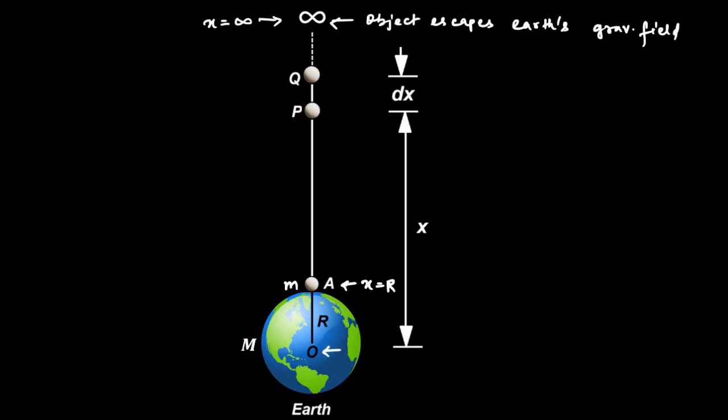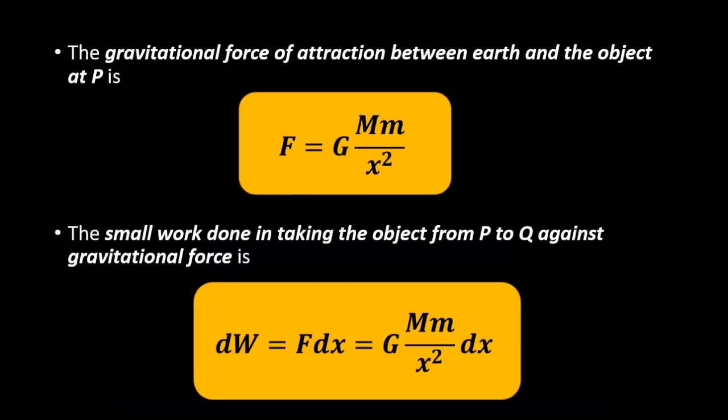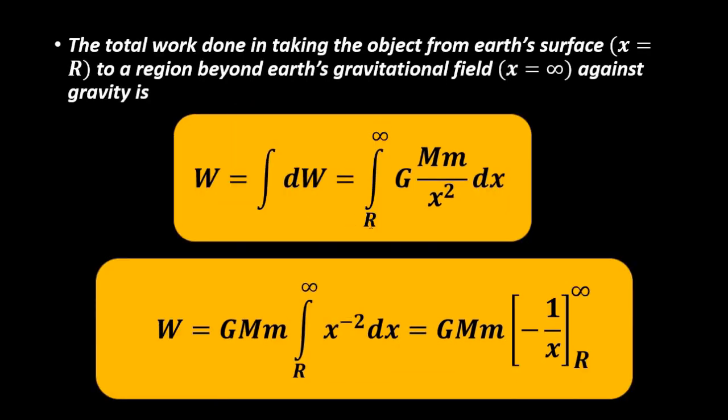So it will be the integration of this F dx, that is G M m by x squared dx, from R to infinity, because everything else is constant, only the separation distance is changing, it is increasing.